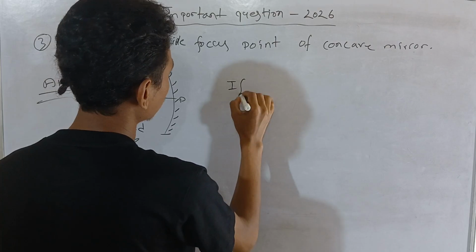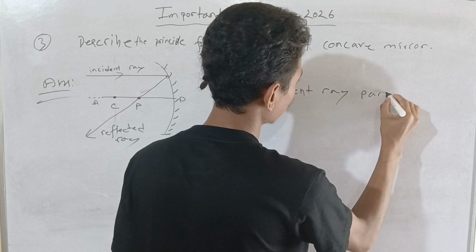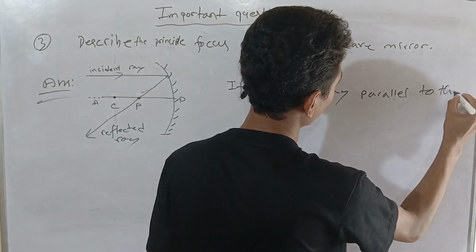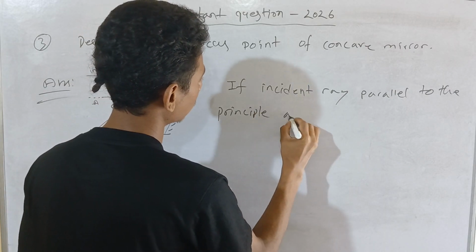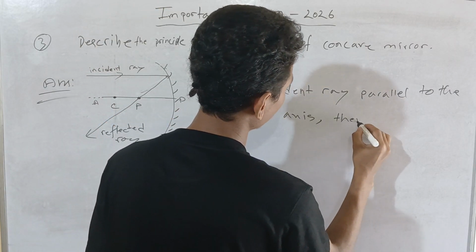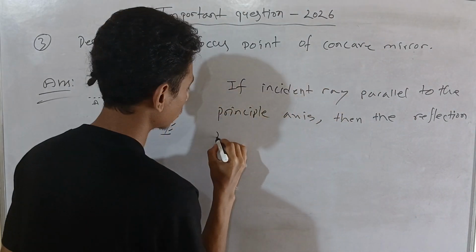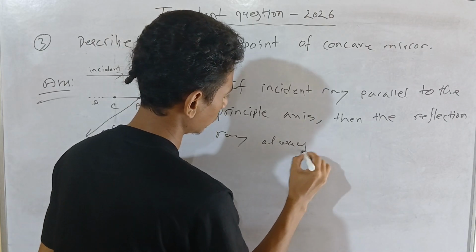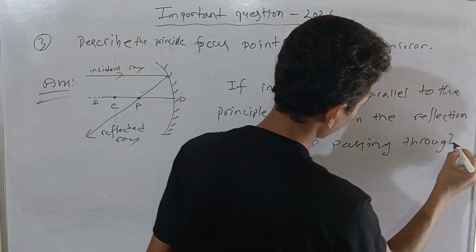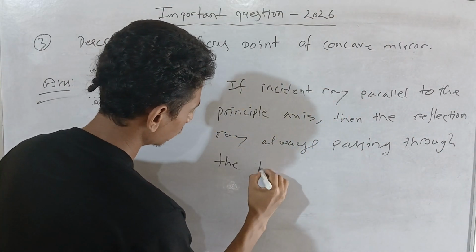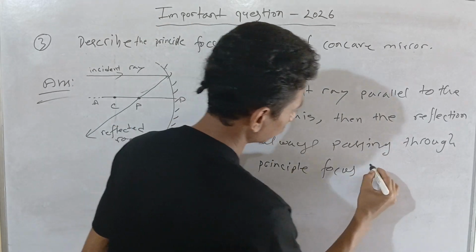So how do we describe the principal focus point? If the incident ray is parallel to the principal axis, then the reflected ray always passes through the principal focus or focus point.